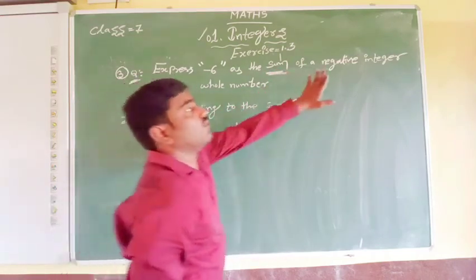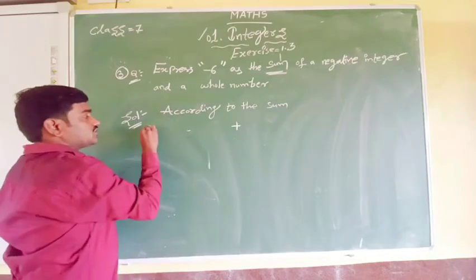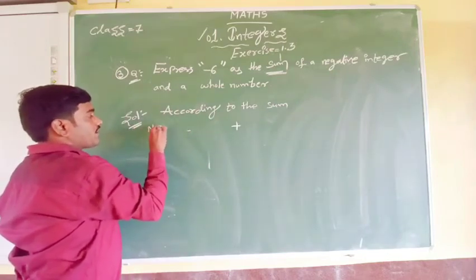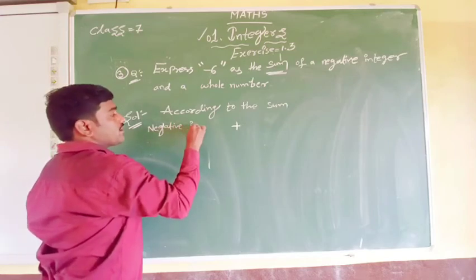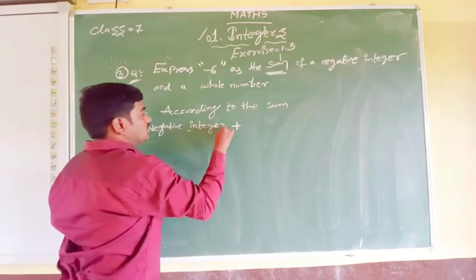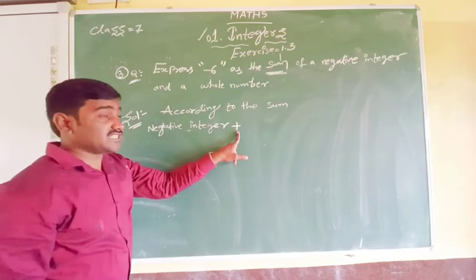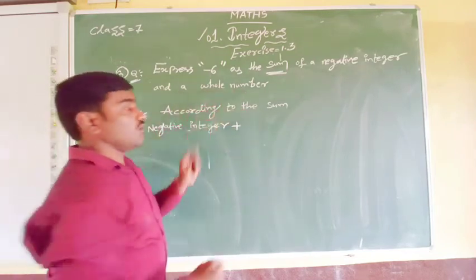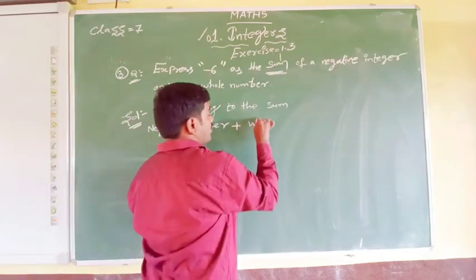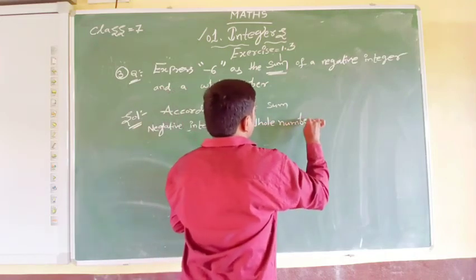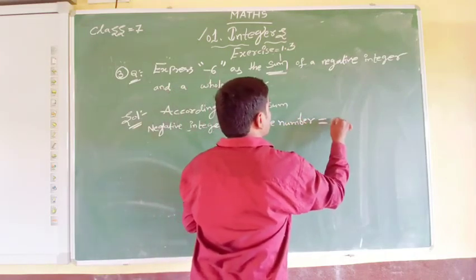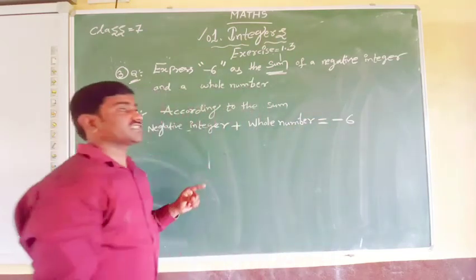The sum of one negative integer plus one whole number should equal minus 6 as the answer.